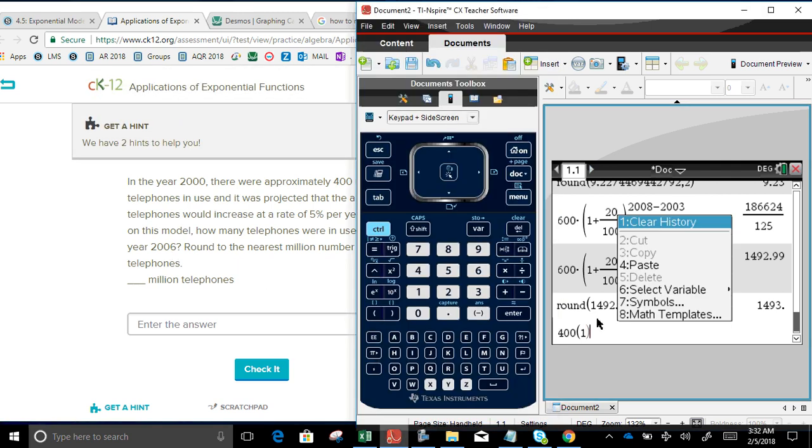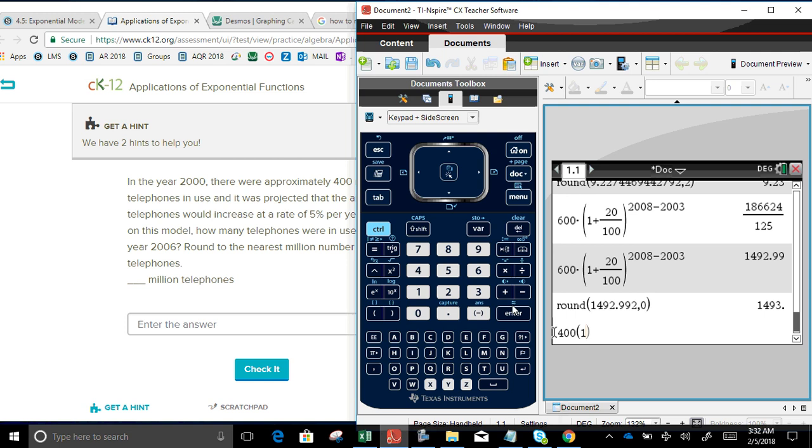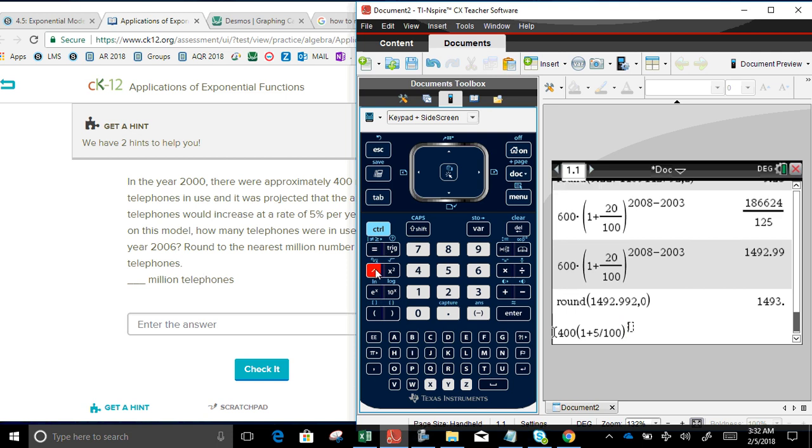So we add 5% divided by 100, plus 1, to the power of 2006 minus 2000.